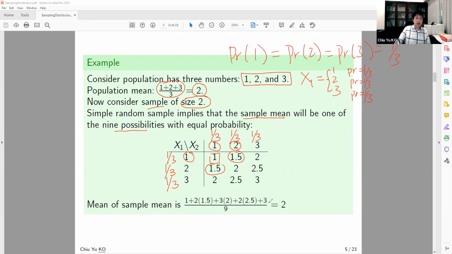These 9 cases are equally likely, so the expectation will be 1 times 1/9, plus 1.5 times 2, 2 times 3, 2.5 times 2, and 3. Then you can easily see that we add up and get 2.